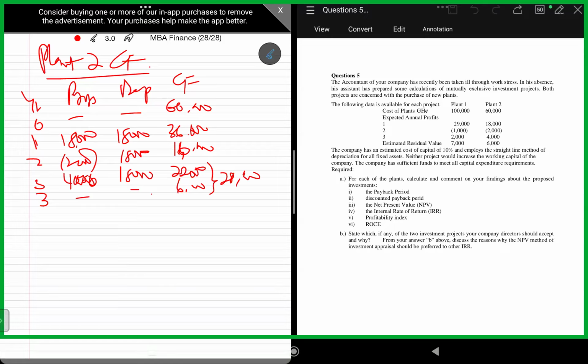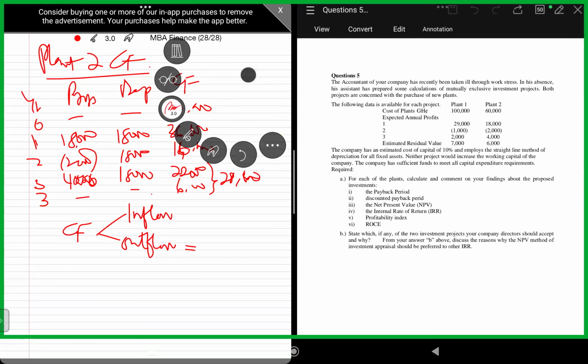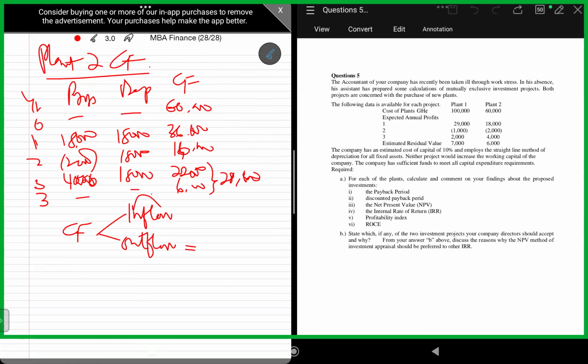Now, in terms of the cash flow, we have what is called inflow and we have outflow. When money flows into the business, it increases the cash flow.